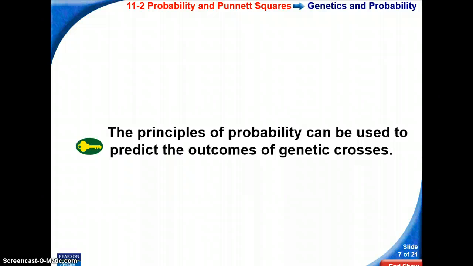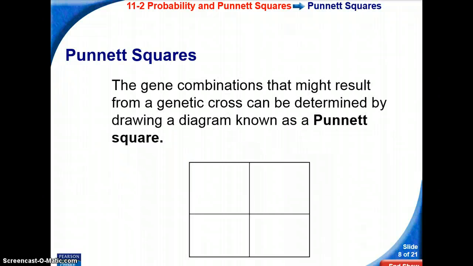These are the genetic crosses we talked about in the last lesson, where Mendel studied the pea crosses. When he was crossing different pea plants with different characteristics, he used that to start to predict some of these crosses and what would happen. Now, the way that they're looked at is by using something called a Punnett square.